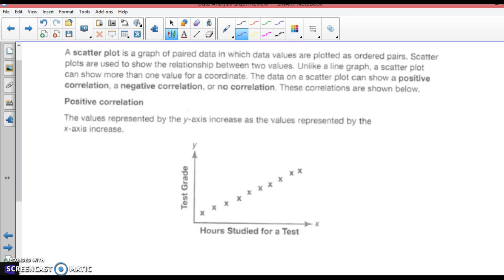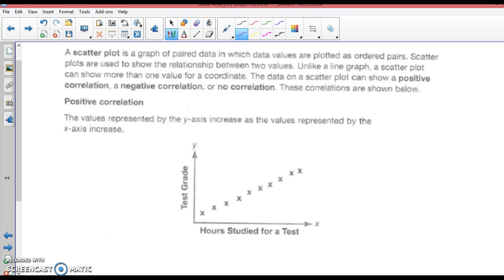Actually, a scatter plot compares two sets of data that are written as ordered pairs. This is hours studying for a test and your test grade. Does it make sense that down here, this is low hours, means a lower test score? The more you study, the higher your score.